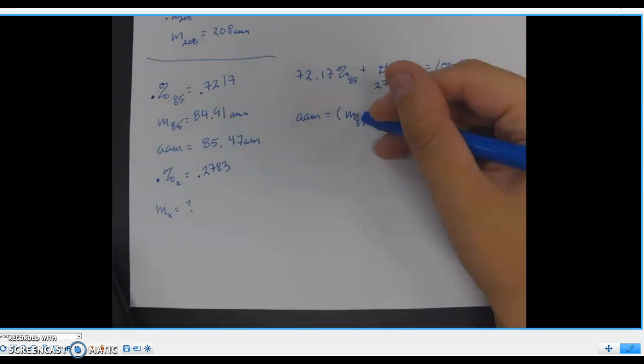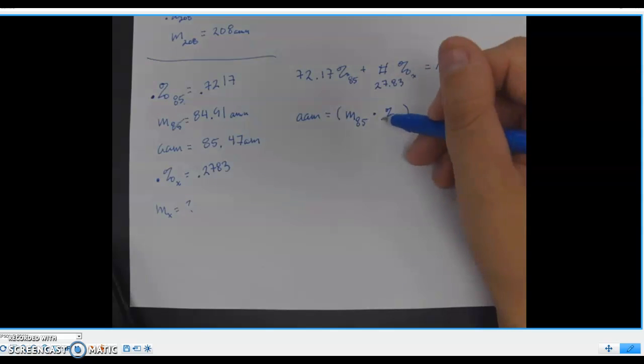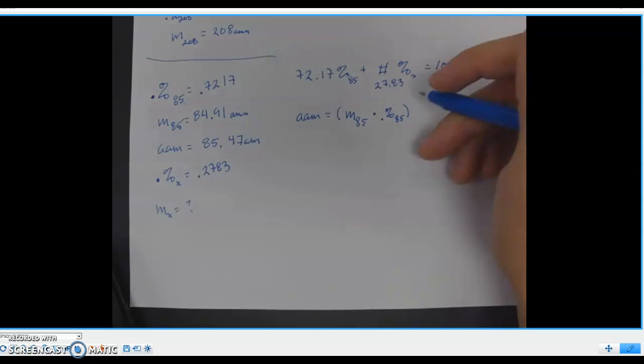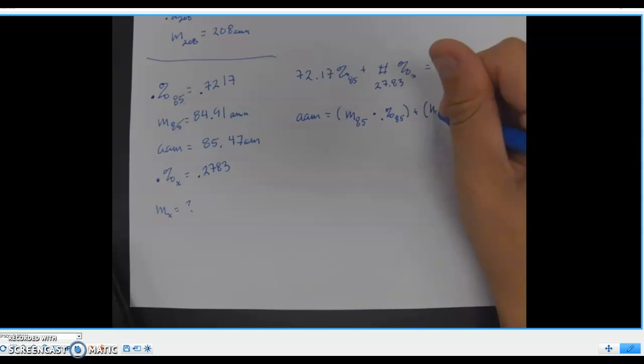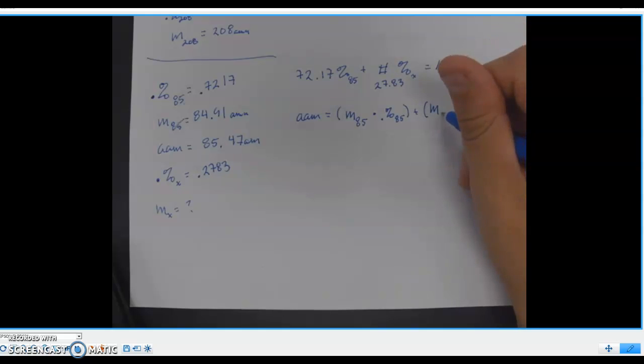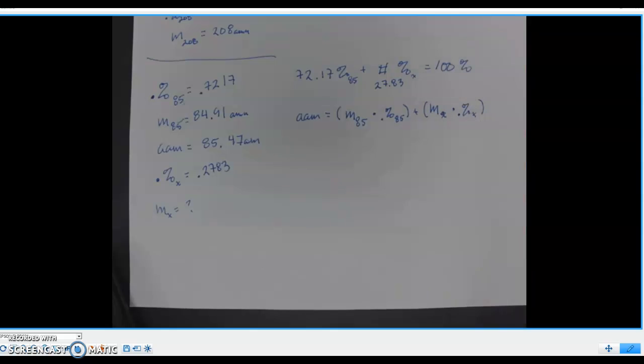So we have mass of 85 multiplied by the decimal form of the percentage of 85 plus the mass of the unknown multiplied by the decimal percentage of the unknown.